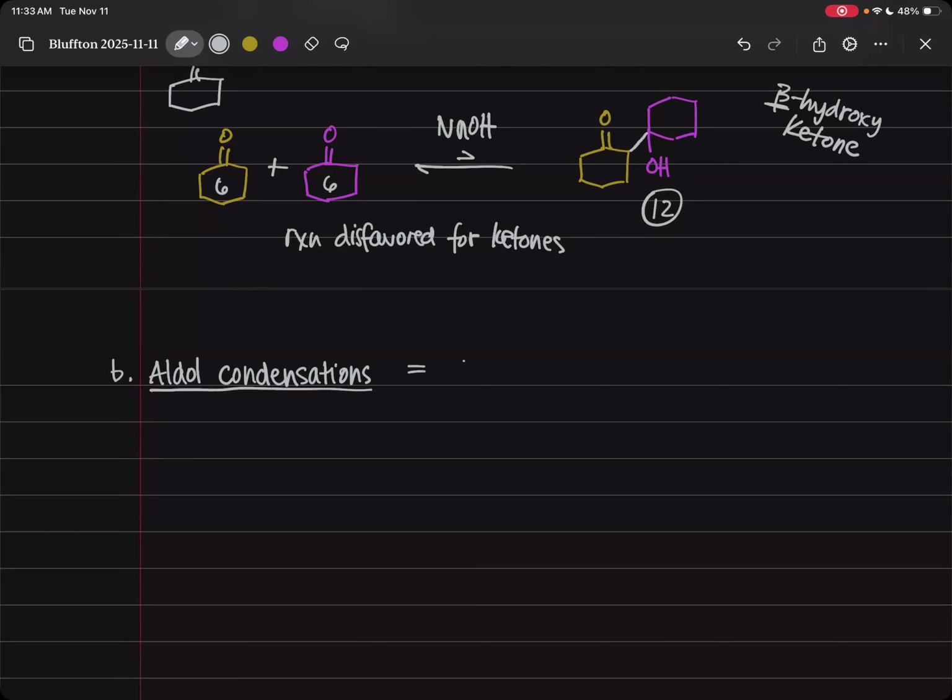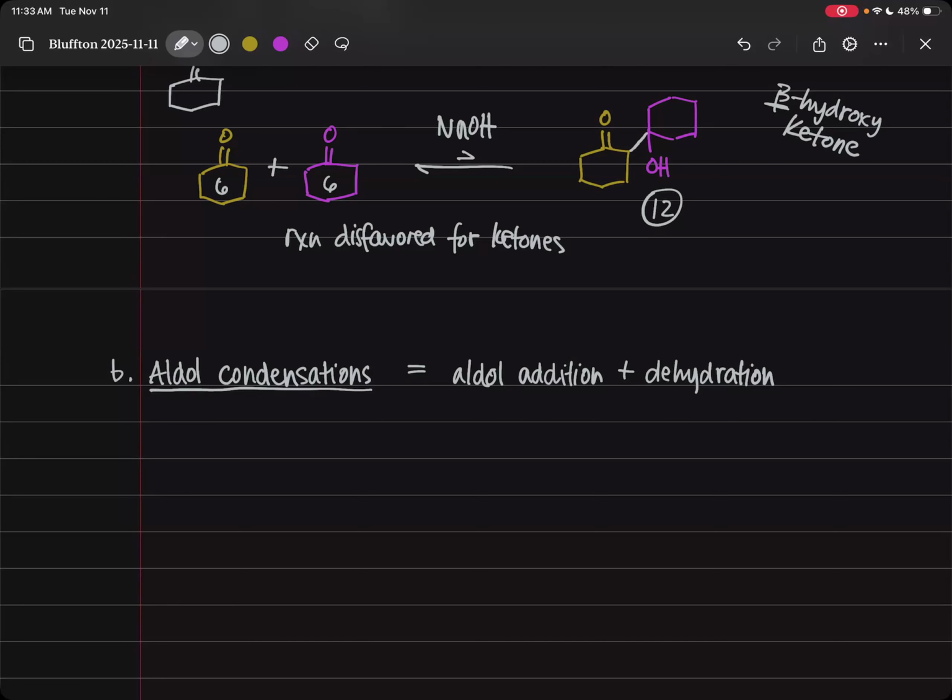So this is just going to be an aldol addition plus a dehydration. In that order, do the aldol addition first, and then we dehydrate the product.